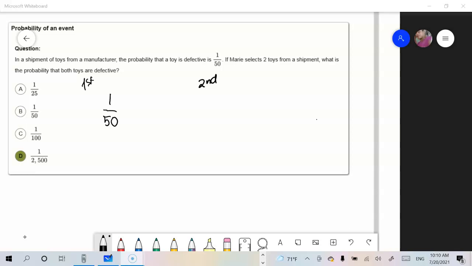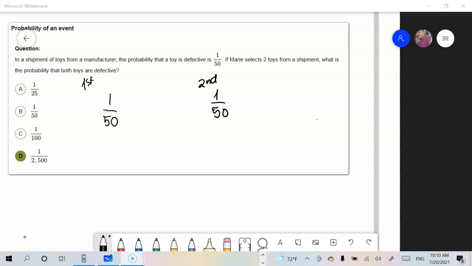Right, so if she puts back the toy in the shipment and then she runs the experiment again, the probability that during the second experiment a toy is defective is going to be the same, 1 over 50, because she put the toy back after the first experiment.